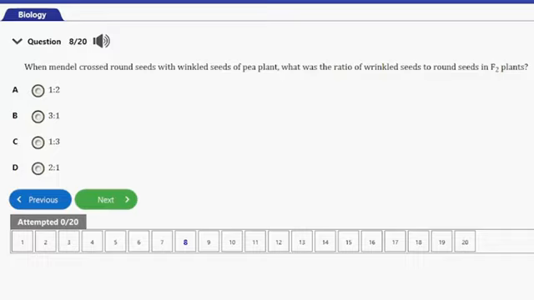So with that, in the F2 generation, they are going to have 3 for the round seeds and 1 for the wrinkled seeds. So the ratio for wrinkled seeds to round seeds is 1:3. So that's it for that question.